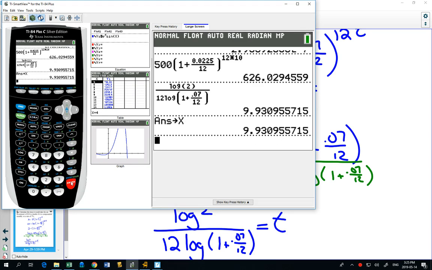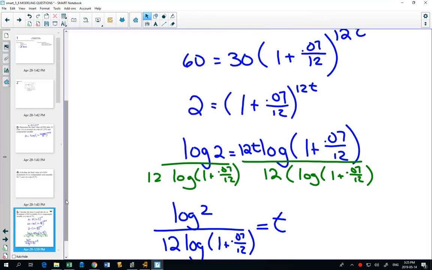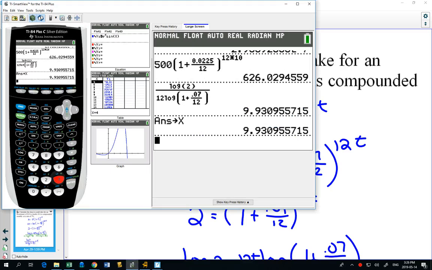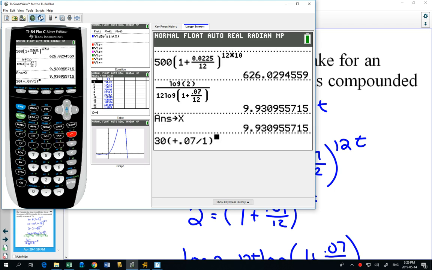And because it's an exponential equation, you can always check your answer. So if we look back to our original question, my right-hand side was 30, bracket 1 plus 0.07 divided by 12, bracket 2. Oops, I forgot the 12.